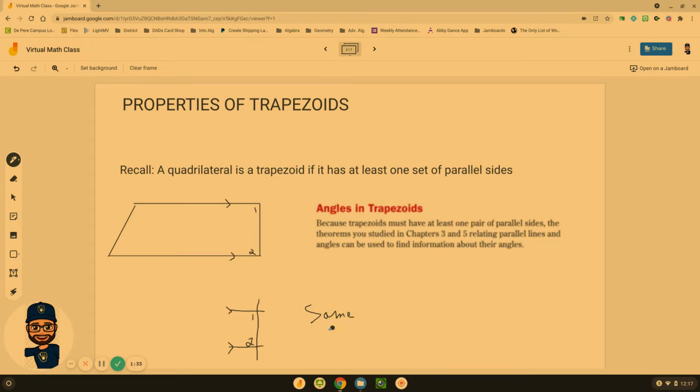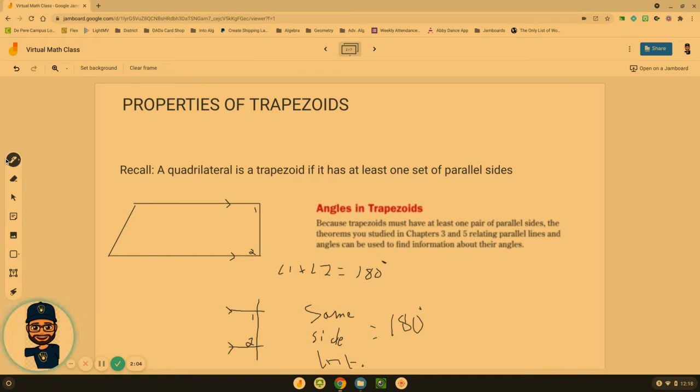So same side interior angles. And the rule here was that they had to equal 180 degrees. So in this diagram, we know that angle 1 plus angle 2 has to be 180 degrees, and that's from the earlier chapter on parallel lines and same side interior.